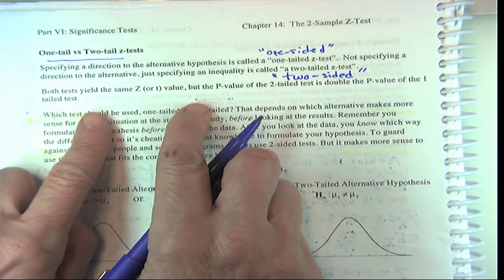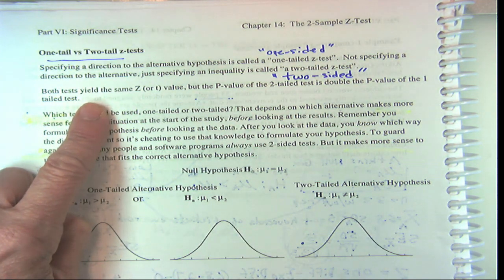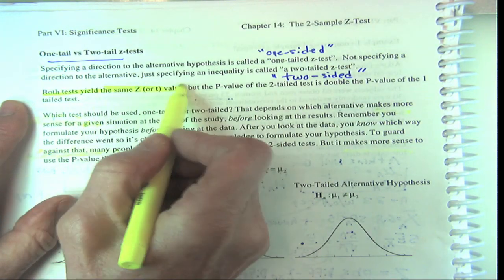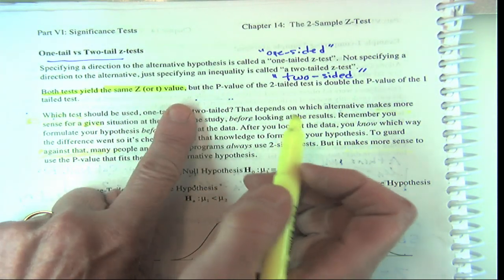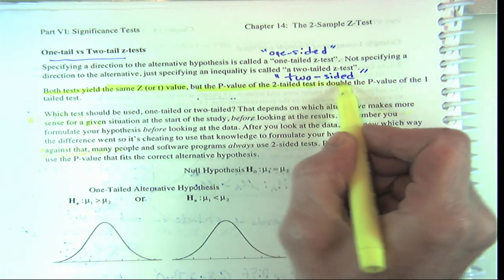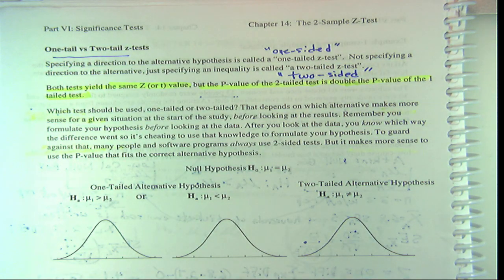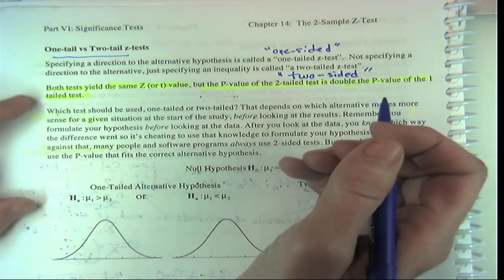Now, one-sided and two-sided tests yield the same z, or t. But the p-value of the two-tailed test is double the p-value of the one-tailed test, because it's the area of both tails.